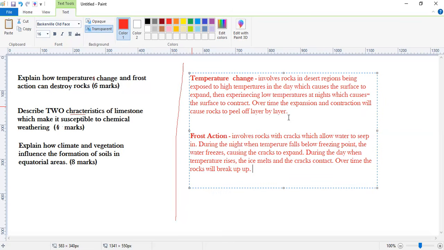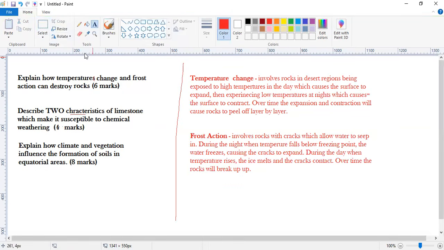You need to explain what causes the rock to expand, what causes the rock to contract. And if you are clear in your answer, you should be able to get your full mark. All right, so let's move on to the next question.